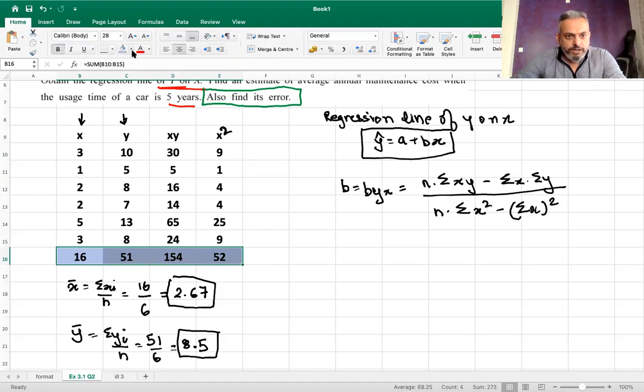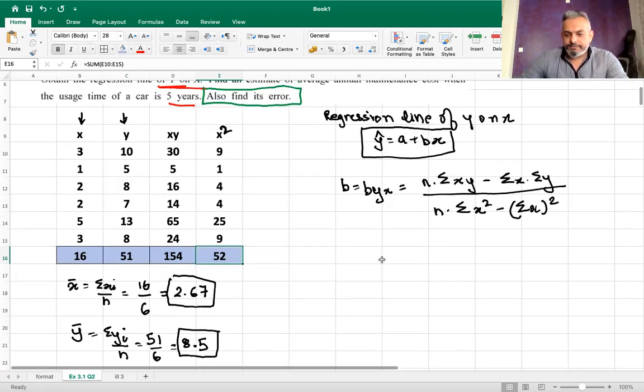So this is the total. Now, we have got sigma X into Y, we have got sigma X, sigma Y, we have got sigma X square. So let's apply it to the formula.